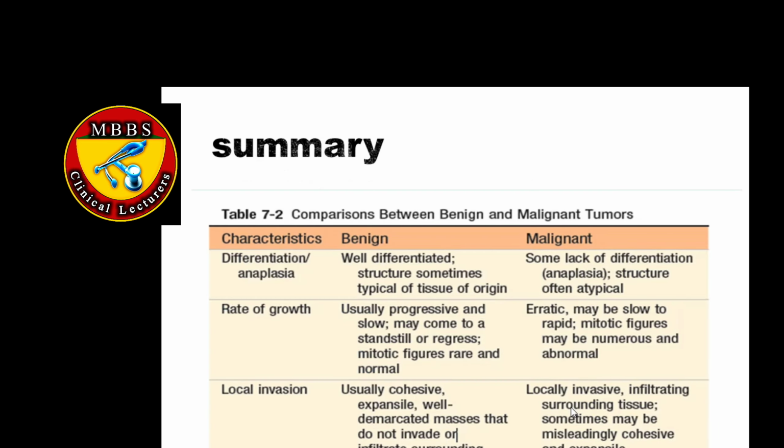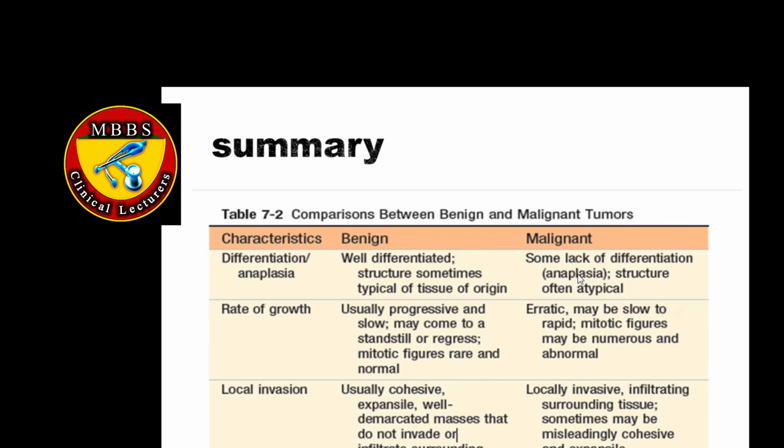So, last but not the least, we're here to summarize this lecture. The points which we discussed a lot today and even in the previous lecture were the difference between benign and malignant tumors, and differentiation. Well differentiated tumors are structures that resemble their normal counterpart, while malignant tumors do not, and you can see some lack of differentiation.